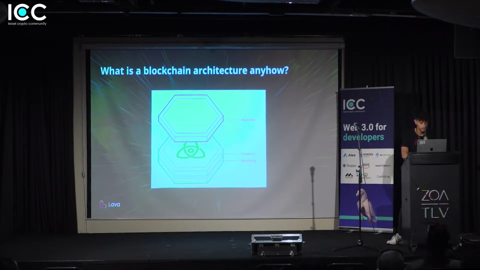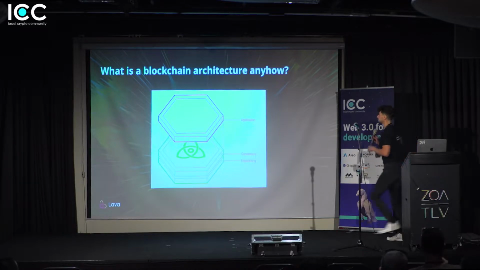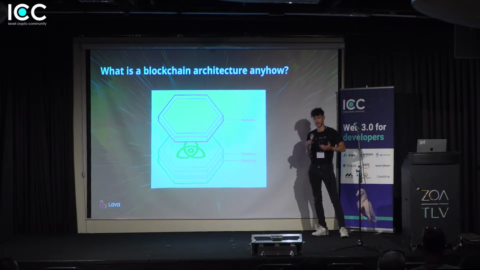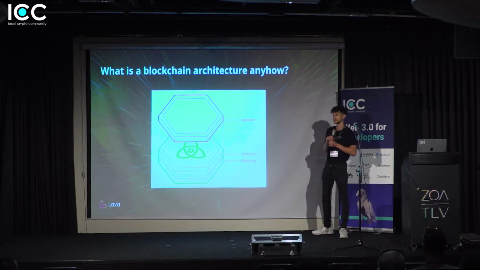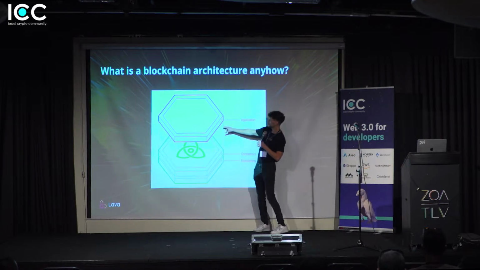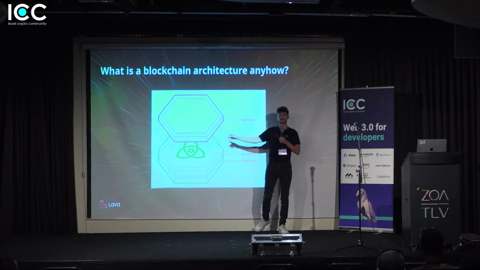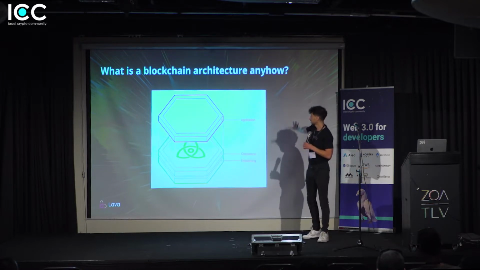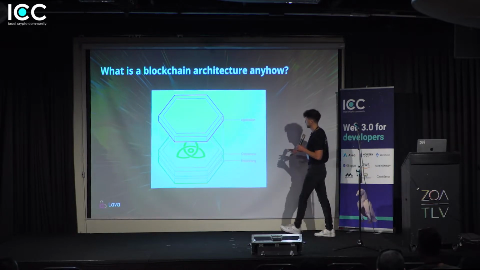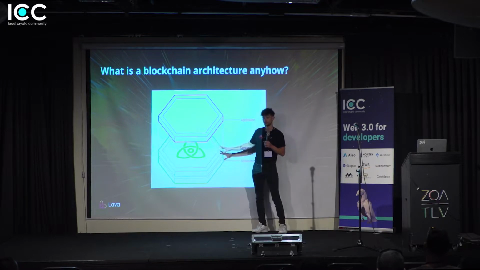Okay, so what is the basic blockchain architecture? If you have done Ethereum, then you've mostly worked in the application layer. The entirety of the architecture is three main parts.